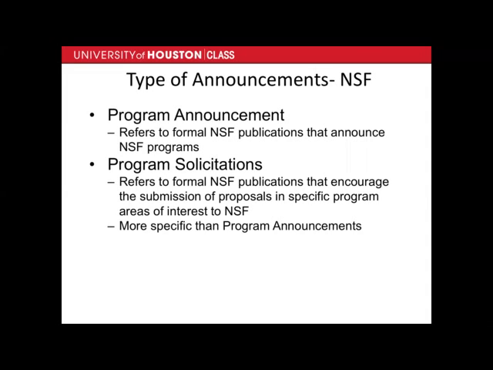So you definitely want to pay attention to that. Now the program solicitation is the actual opportunity with all of the details specific to that opportunity. The solicitation basically encourages the submission of proposals to specific program areas of interest to NSF, and it's more specific than the program announcement.